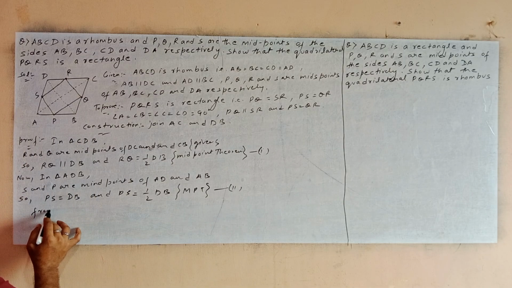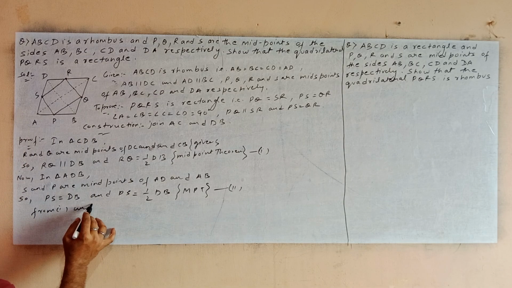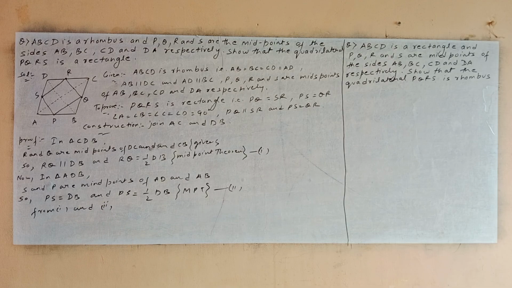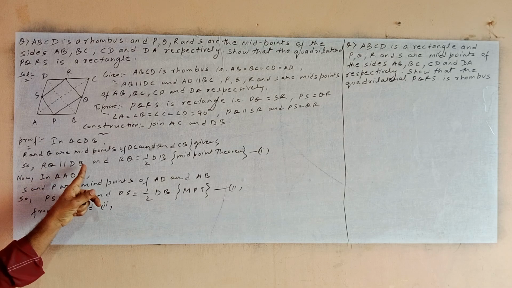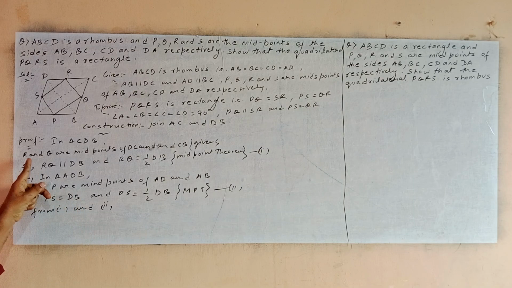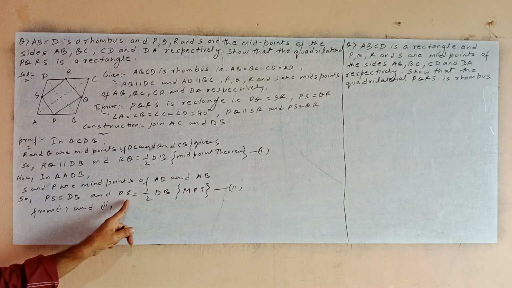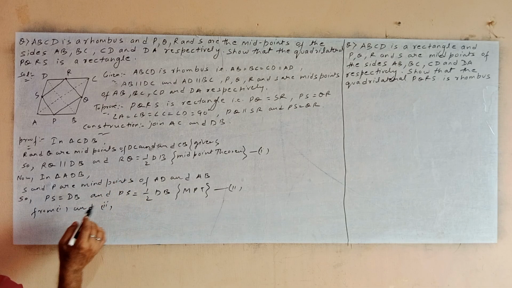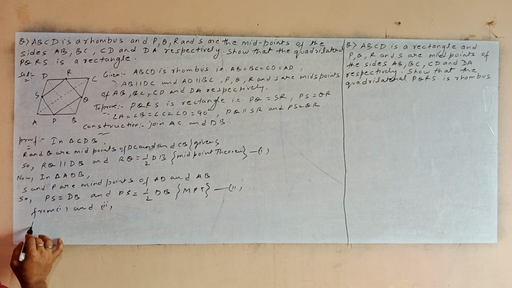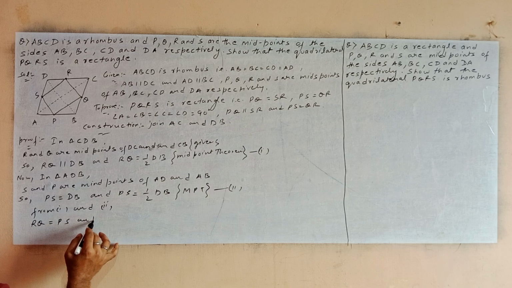Now from first and second: RQ is parallel to DB and PS is parallel to DB, so RQ is parallel to PS. RQ is half of DB and PS is half of DB, so RQ is equal to PS.